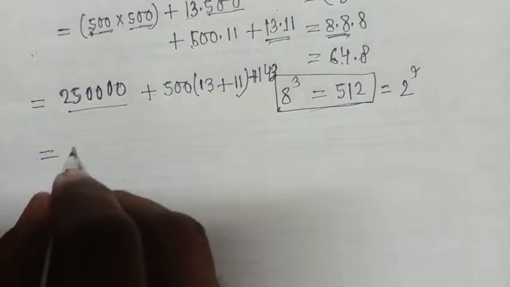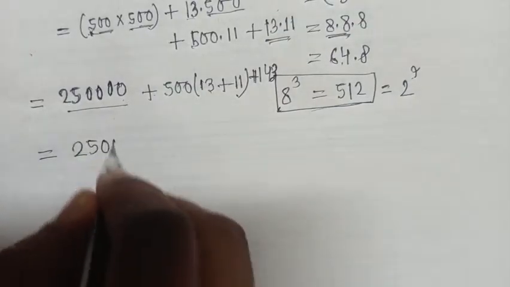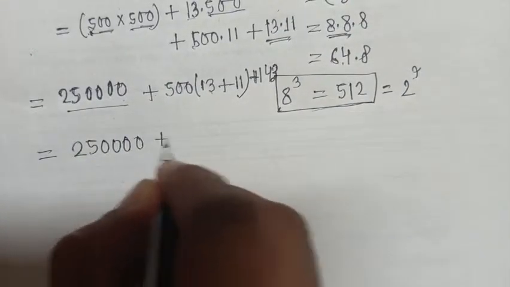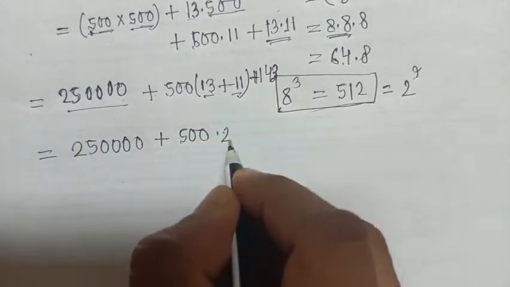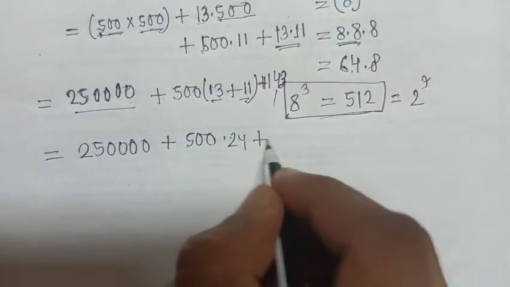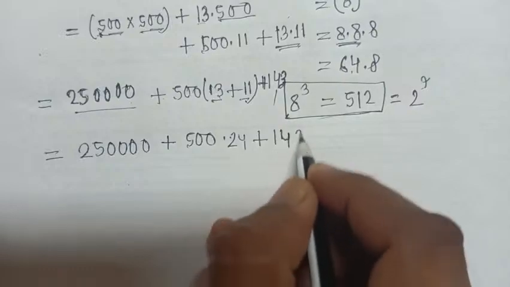Now we are writing the same: 250000 plus 500. If we add this, we will get 250500, and this 143 should be here.